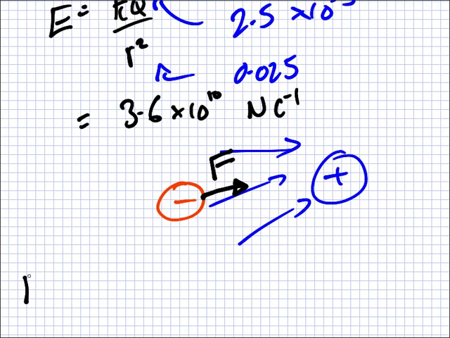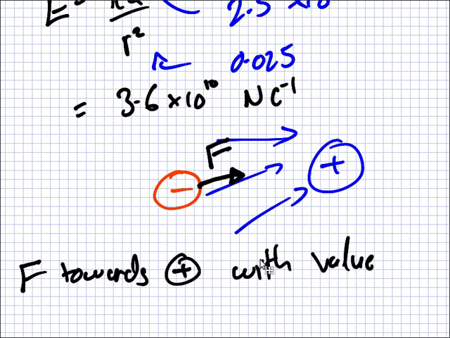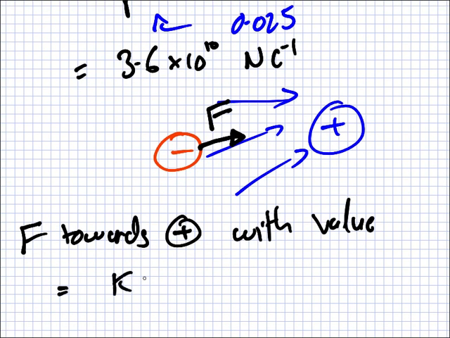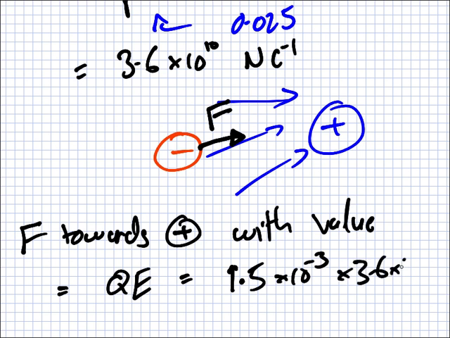So the F is towards the plus, with value equal to QE, which is 1.5 times 10 to the minus 3 times 3.6 times 10 to the 10. What's that? 5.40 times 10 to the 7. I don't need the minus because I already have the direction when I said this.